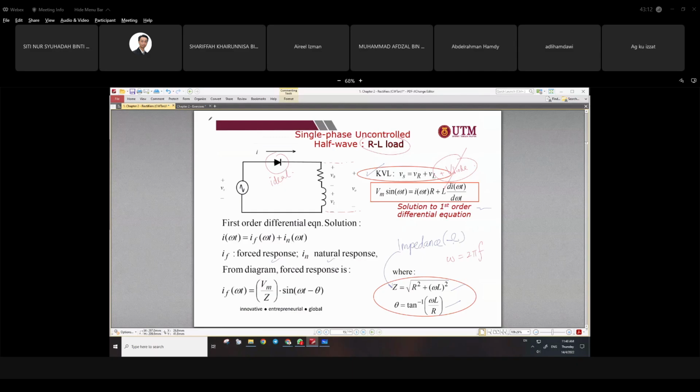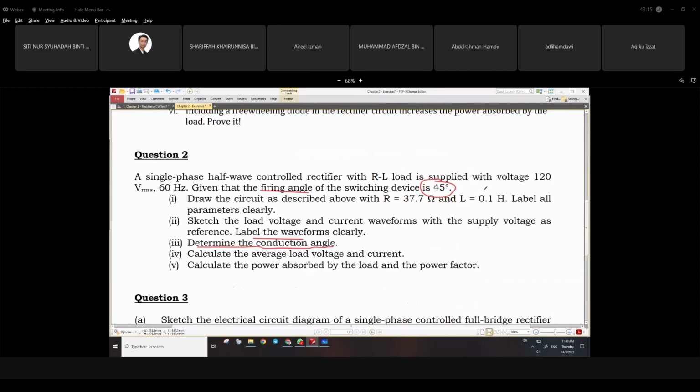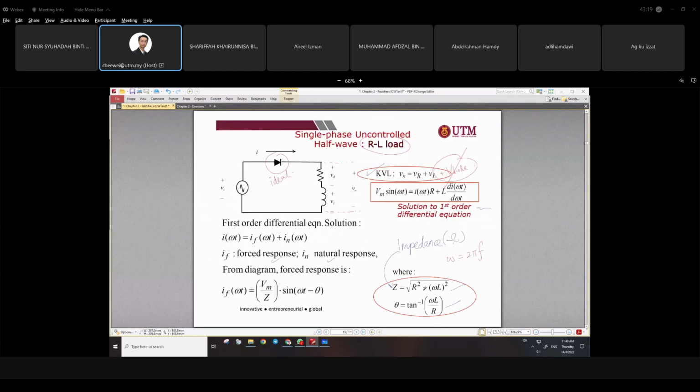Omega L is given, 0.1 Henry, and then R is 37.7. Can you find what theta is?